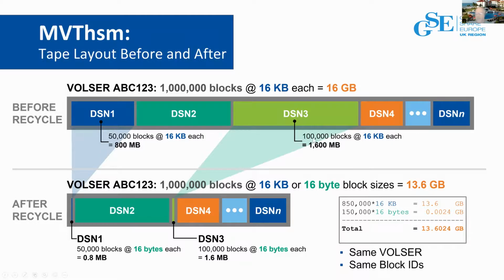And for DSN3, where before you were 1.6 gigabytes of storage, now you're down to 1.6 megabytes of storage. And again, we're doing that to preserve the records within the HSM CDS because that update is most of the CPU consumption when you're doing a recycle. And so then you see that that changes your container file from the 16 gig down to 13.6.